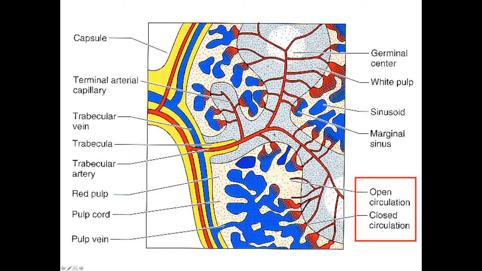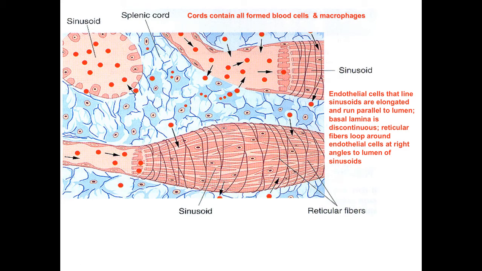In the closed circulation, as the diagram shows, the capillaries are communicating directly with the lumen of the venous sinusoids. This is the cartoon we just showed before, just refreshing for you the closed circulation versus the open circulation. The red pulp cords contain all of the formed blood cells and macrophages.